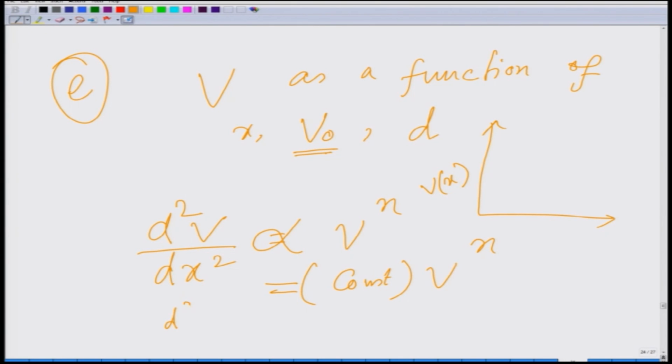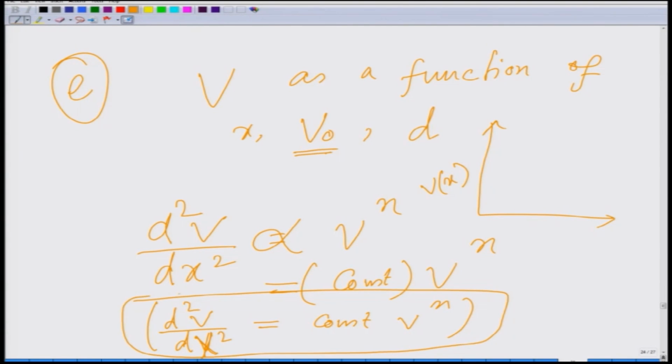Now, how to solve a differential equation which involves the second order derivative? The trick to solve this kind of equation is you multiply 2 dV/dx on both sides.